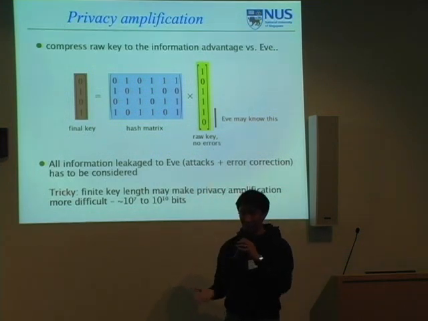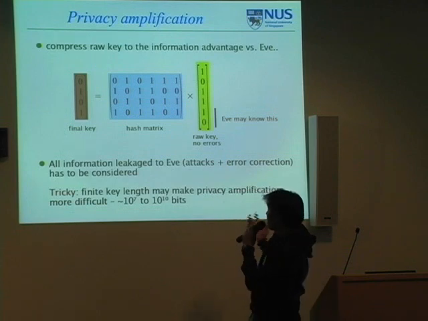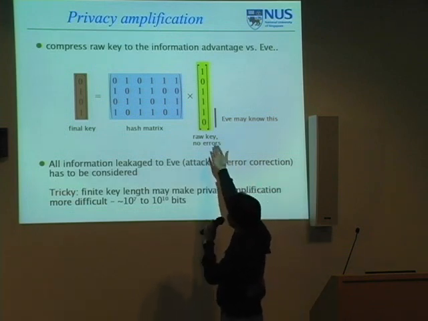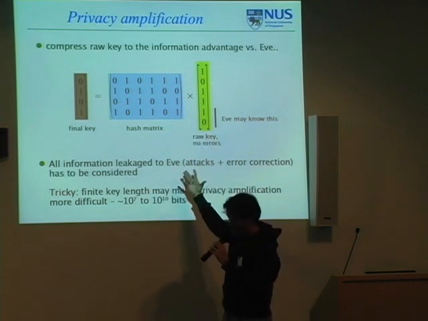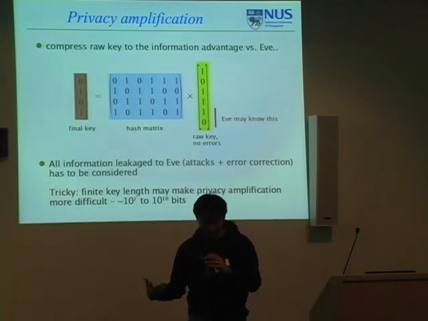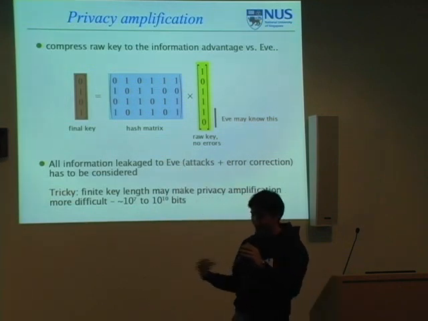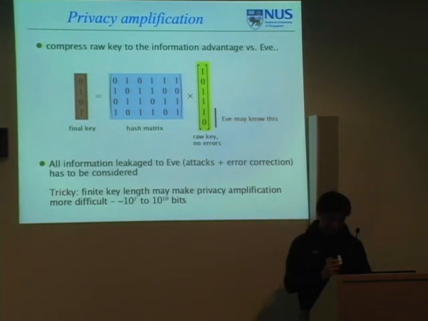But in practice, you don't. So the question is still open, I think, on what happens if you only have a finite set of raw keys and you know a certain fraction is known to Eve. When you do this step of privacy amplification, is it still secure? What is the minimum length of the key that you will need? That's an open question, I think.